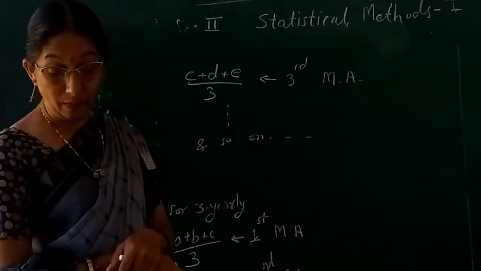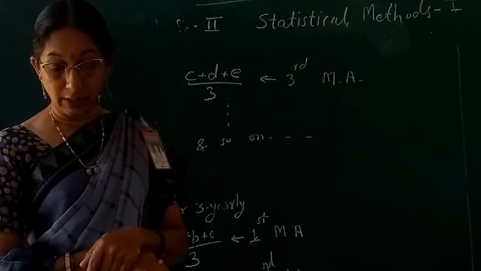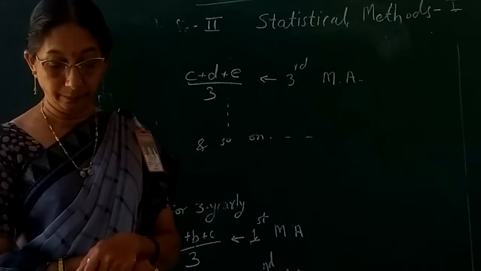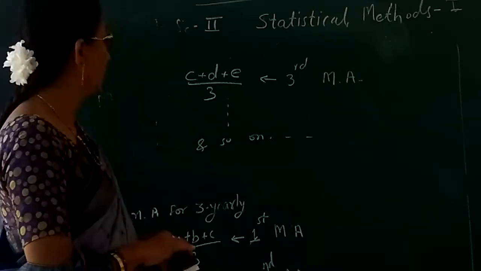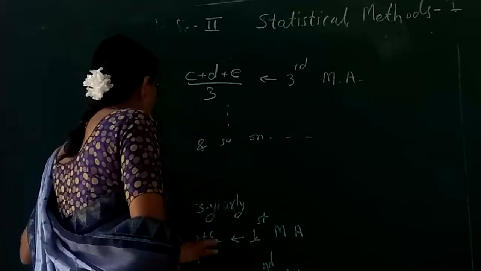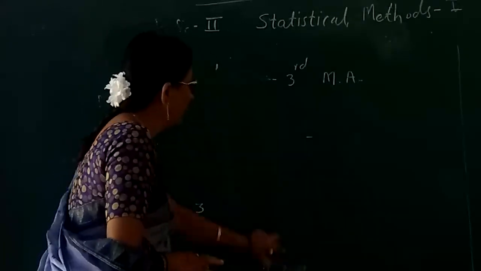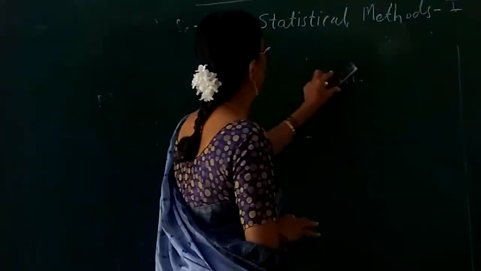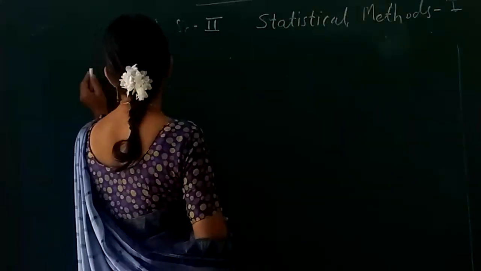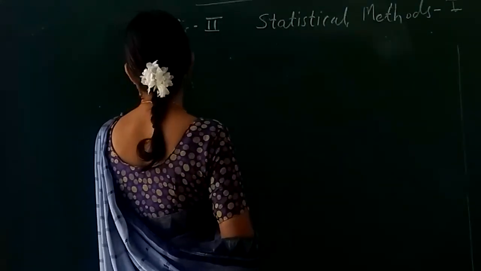And this procedure is also repeated. Now this moving average can be calculated for all odd numbers. Now we go to even numbers.